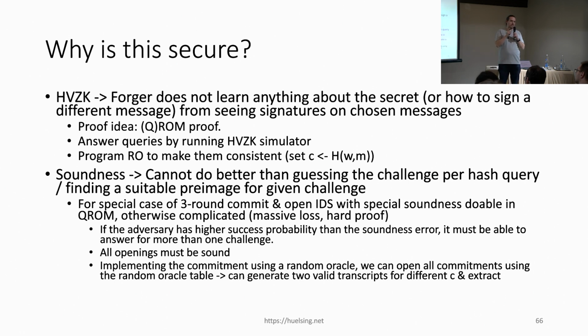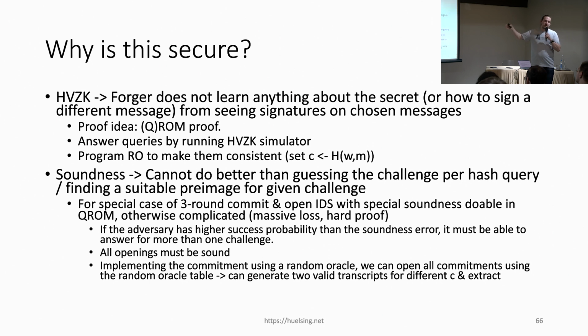If you remember, I said some time ago, we need that W has enough entropy. This is why. Right? So if W has enough entropy, the intuition is the probability that the attacker has queried H at a position that contains W is actually small.